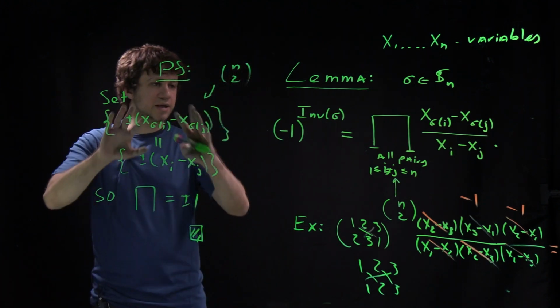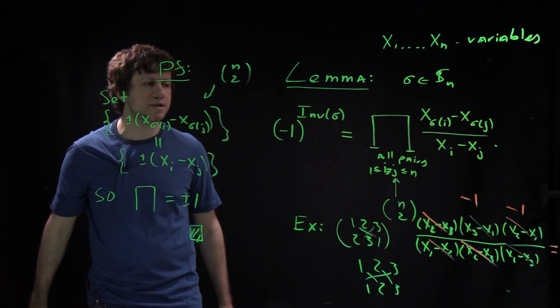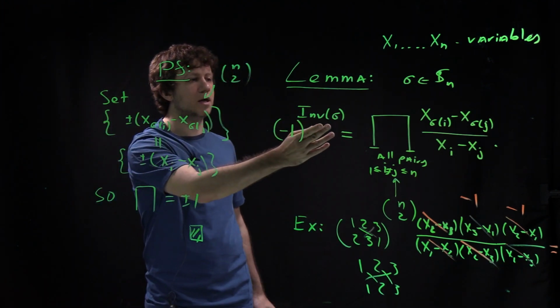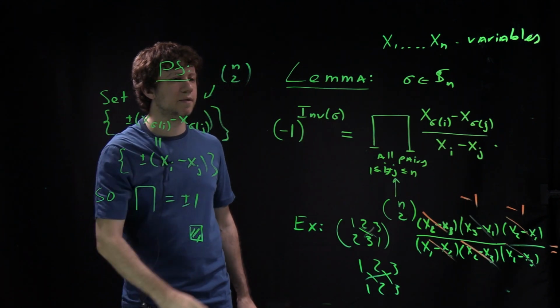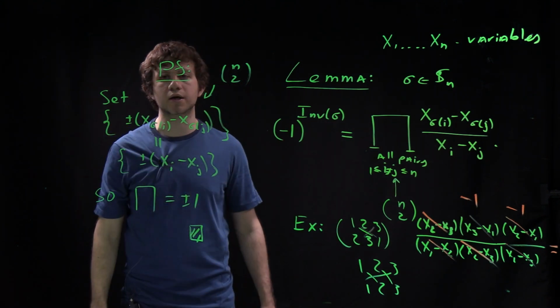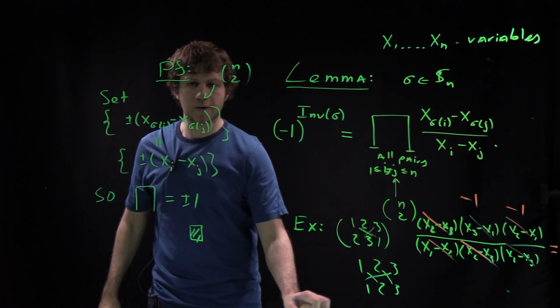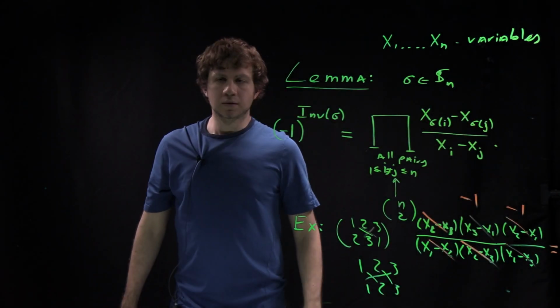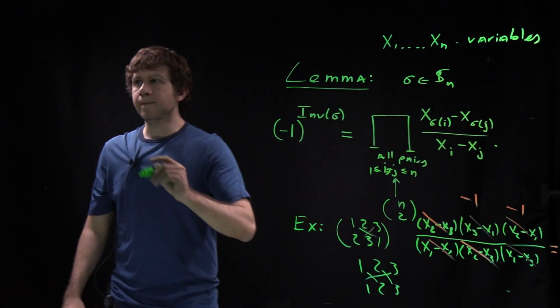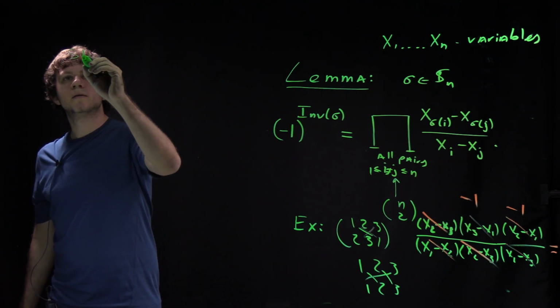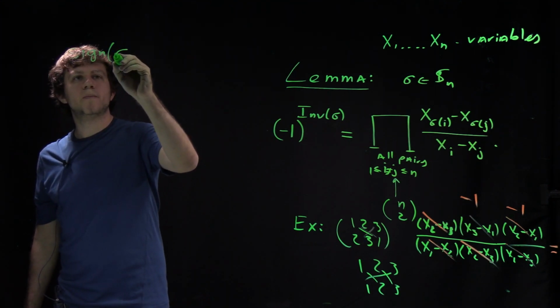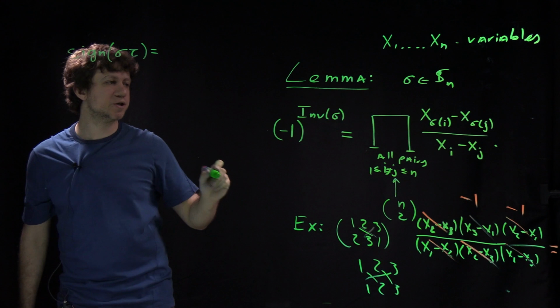And now let me erase this part and keep the formula for a second, and I want to show that this number actually gives a homomorphism. So let's take the sign of sigma tau for two permutations.